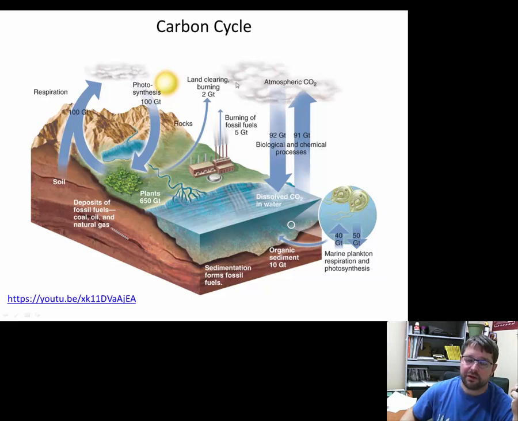So anything that we're doing by clearing lands and burning fossil fuels is adding more than the plants can take up. This can be an issue with temperature. And we're going to watch a little video that talks about this process in a little more detail.